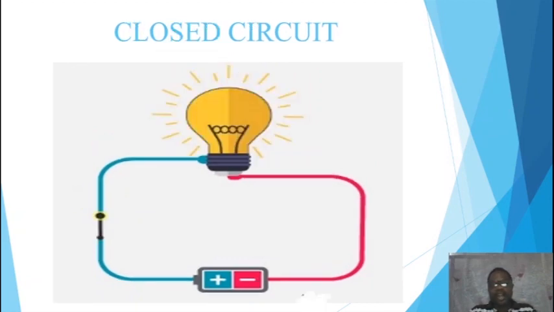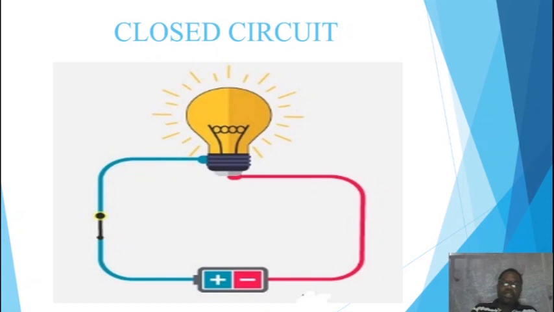But in the next diagram, you watch that the switch is now closed in such a way that the current can flow from the battery to the lamp. Therefore, it now powers the lamp. So you see the lamp is on. So this circuit is called a closed circuit. Whenever we say open circuit, you know it is the circuit that is not complete as a result of what?